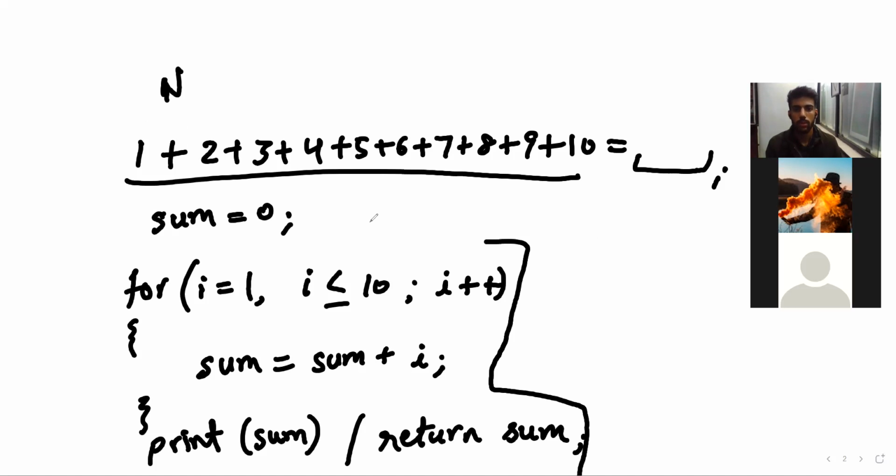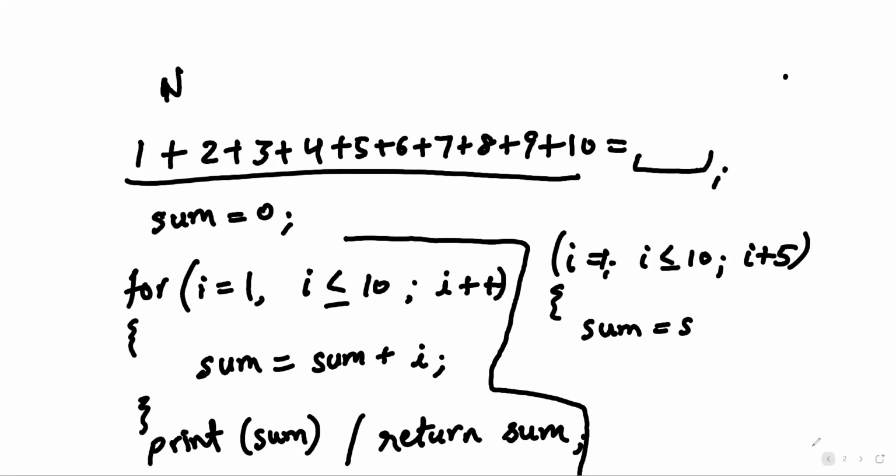Okay, but can you imagine what is the problem with your approach? If we increment by 5, you're saying we would start from 0, go up to 10, and increment by 5 each time. Yes. But we need to count every number, we need to add every number into our final sum. So 1 needs to be there, 2, 3, 4, 5, each and every number needs to be added.